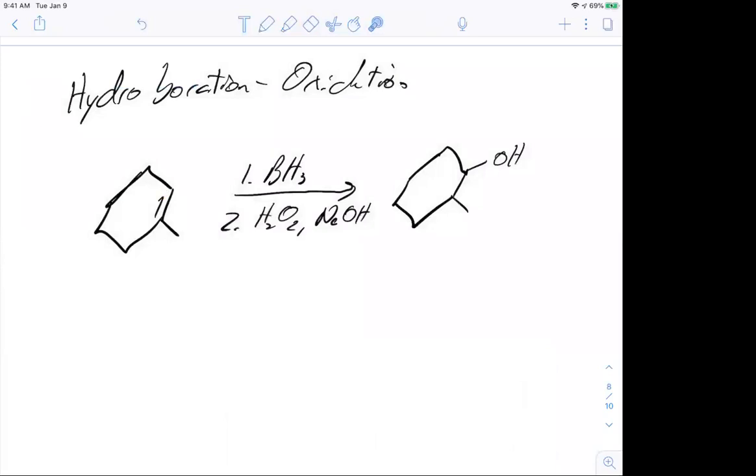I've got two positions: a tertiary position and a secondary position. In hydroboration oxidation, where's the alcohol adding? The alcohol is adding to the least substituted position. This is known as an anti-Markovnikov addition.